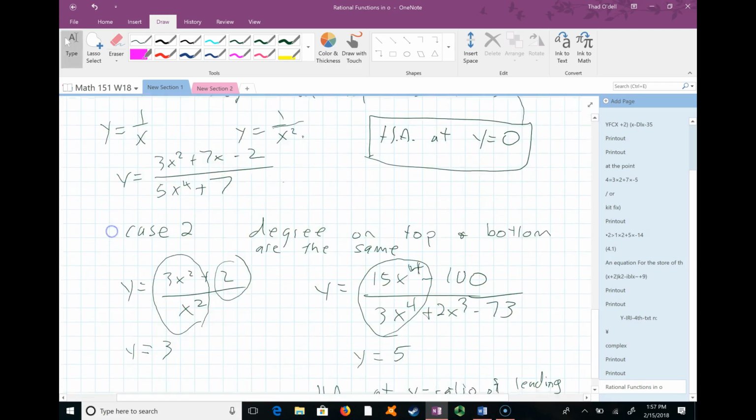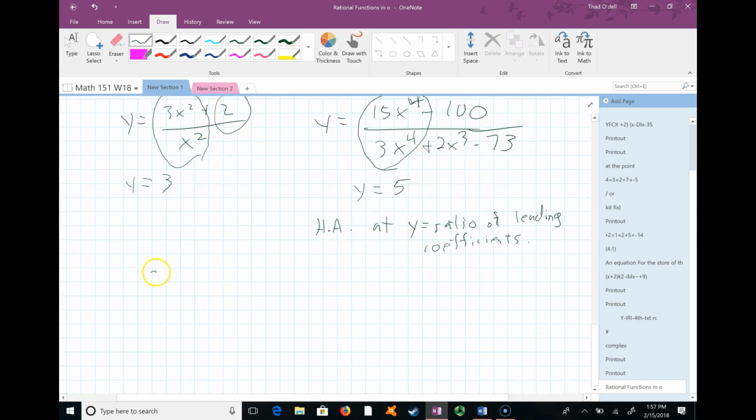Okay, and then finally, let's do case 3. I didn't need it for this one, but we'll need it later. Case 3, and guess what that is? That's right. Degree on top is greater. What happens when the degree on top is greater?